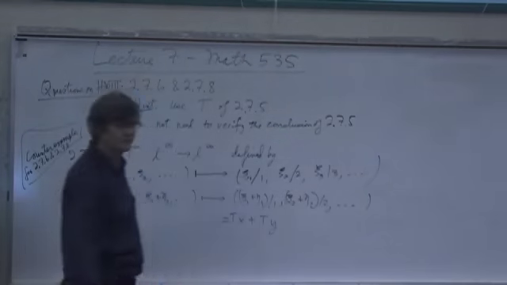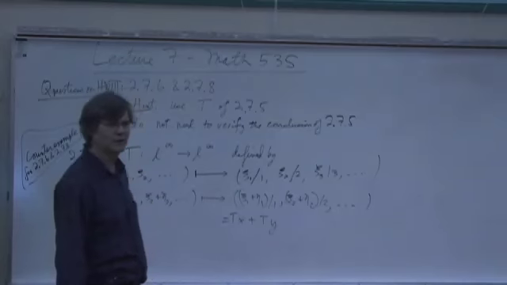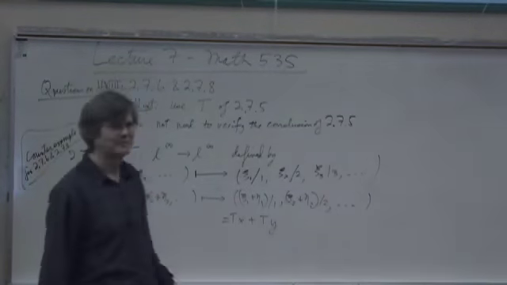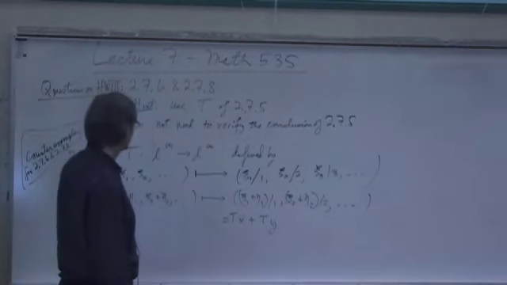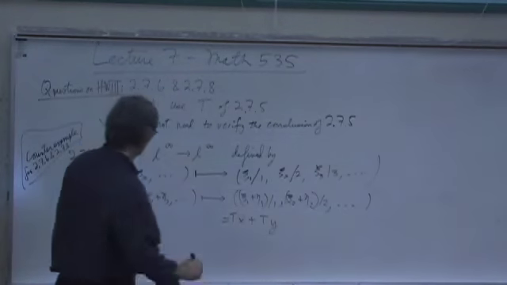Just write out the vectors as sum of vectors, by the definition of a sum of vectors in L infinity. So that's kind of obvious that it's linear. Is it bounded?